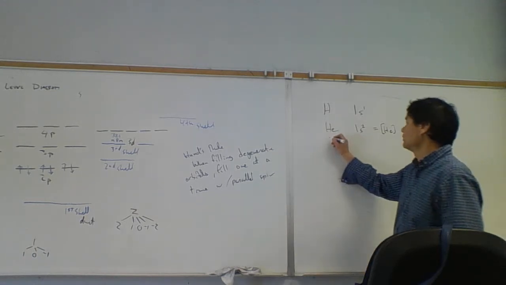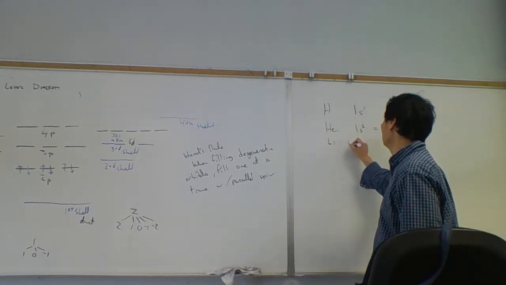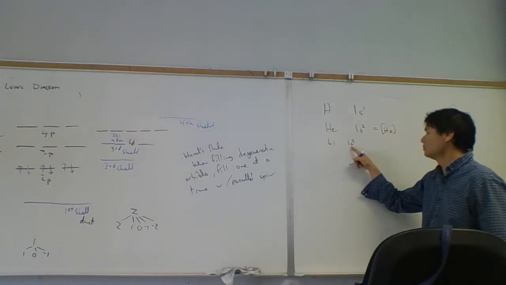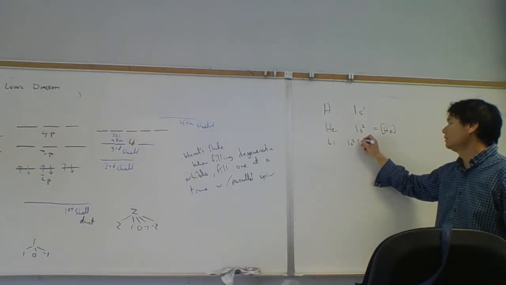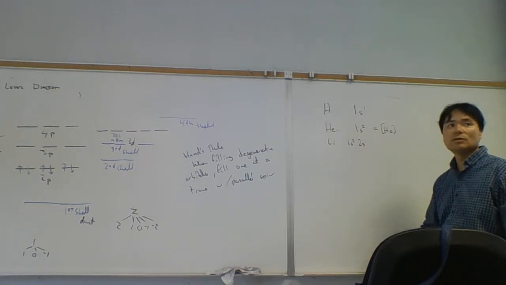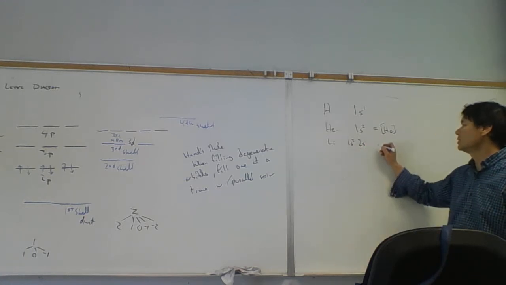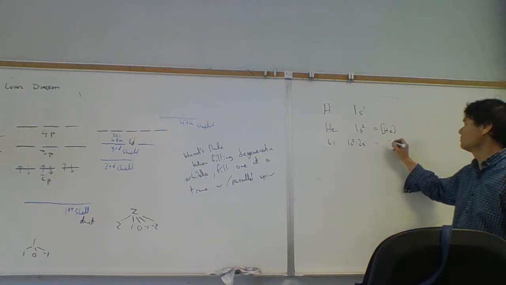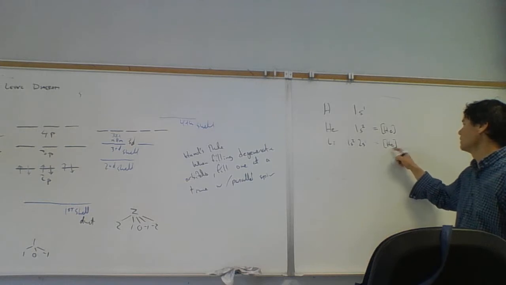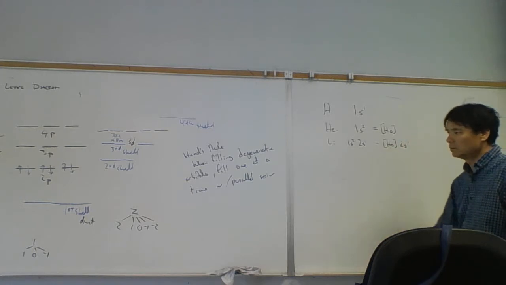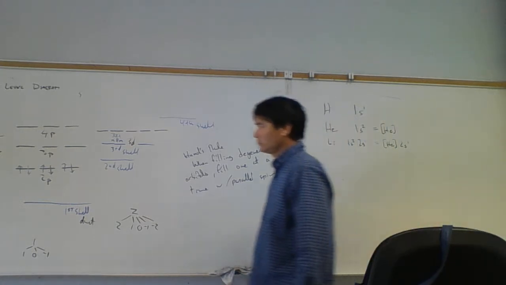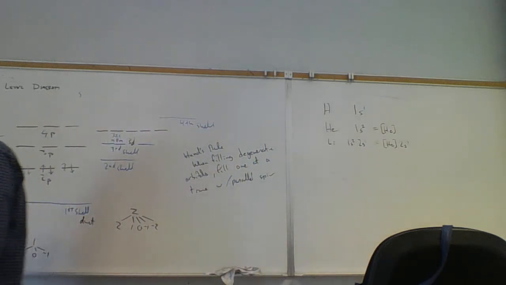And then after helium, we have lithium. Lithium has 2 electrons in the 1s and 1 electron in the 2s. So this is the way we can represent that. 1s2, 2s1. 1s2 is a filled helium shell, so we could use this symbol for that and write 2s1. That would be for lithium.